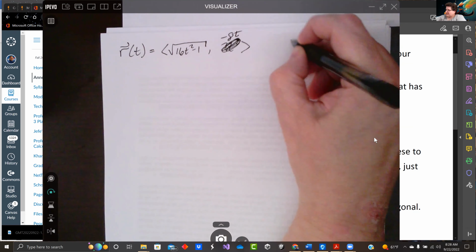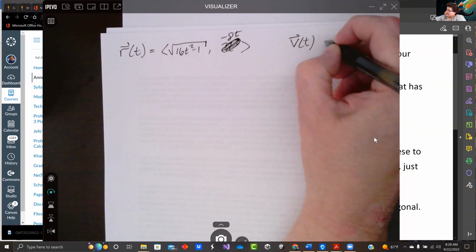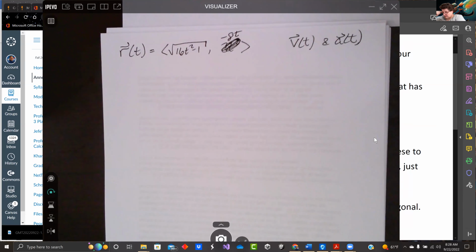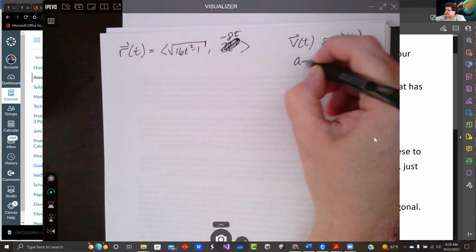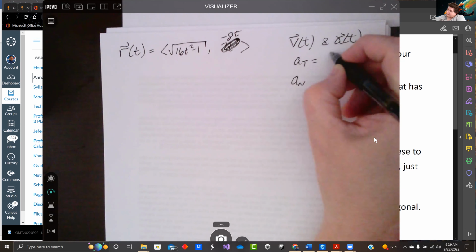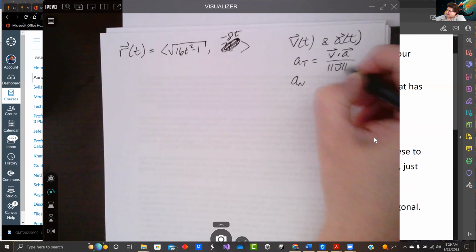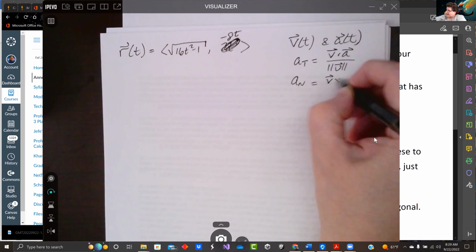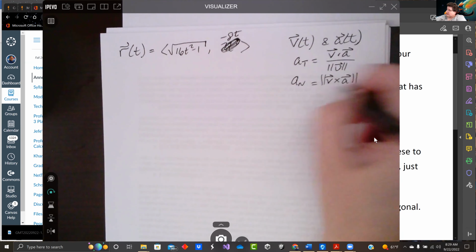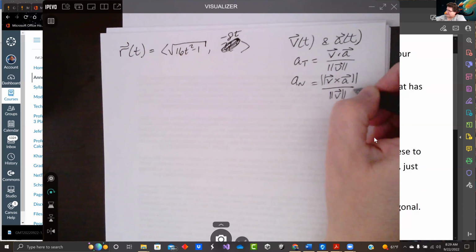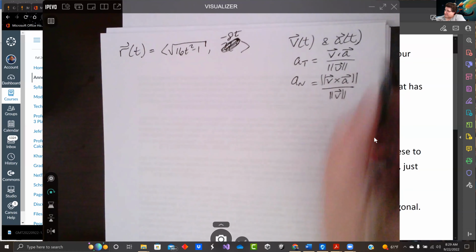And we need to find a_N and a_T. As a reminder, a_T is v dot a over the magnitude of v, and a_N is the magnitude of v cross a, over v. So we've got a couple magnitudes to find, and then some other operations.